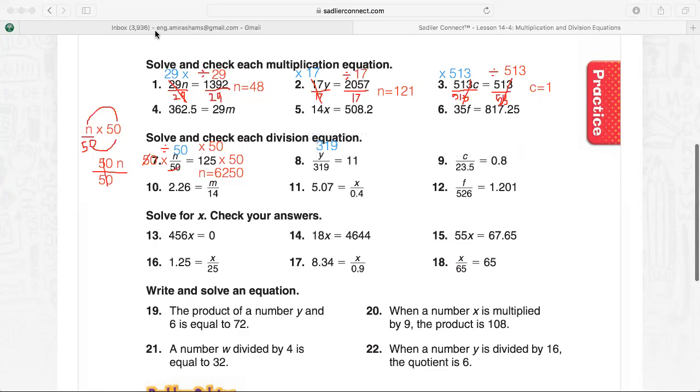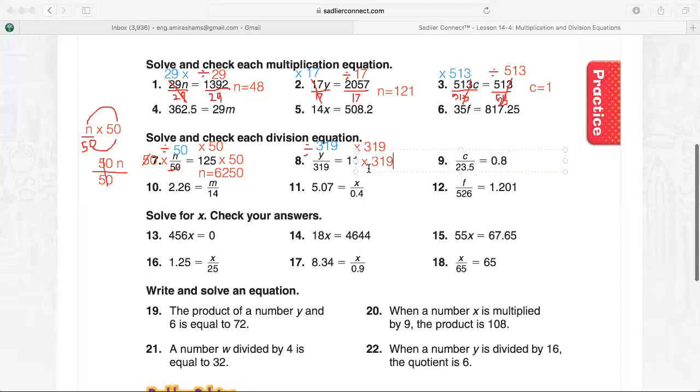Okay, just give me 1 minute. And the inverse is multiply by 319. So what am I going to do? Now we will multiply by 319 on both sides.